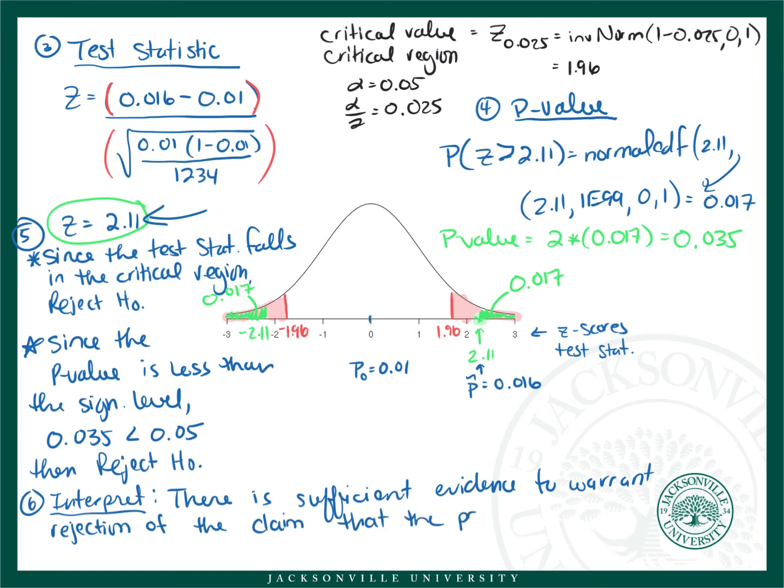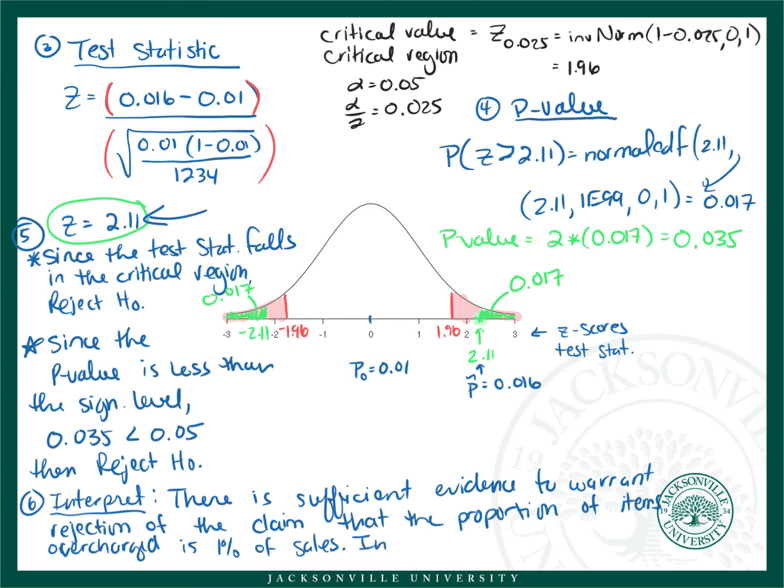and this is the original claim, that the proportion of items overcharged is 1% of sales.